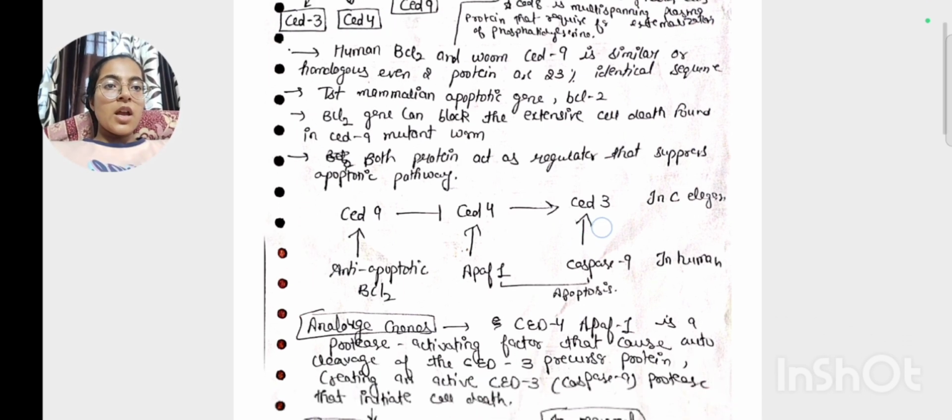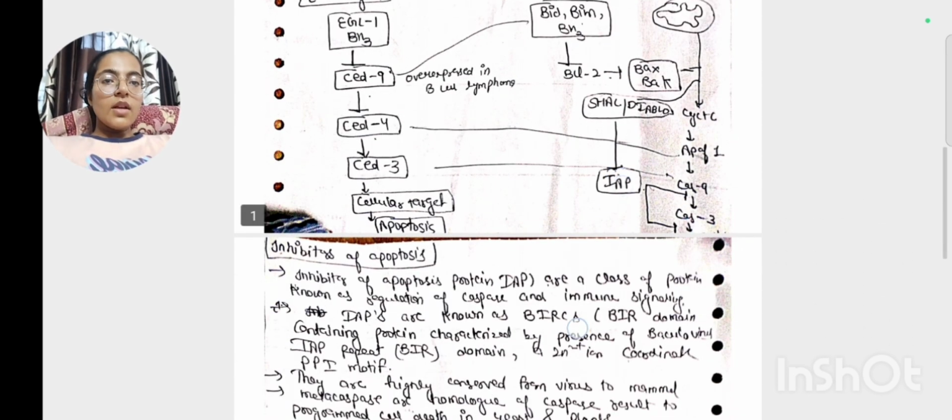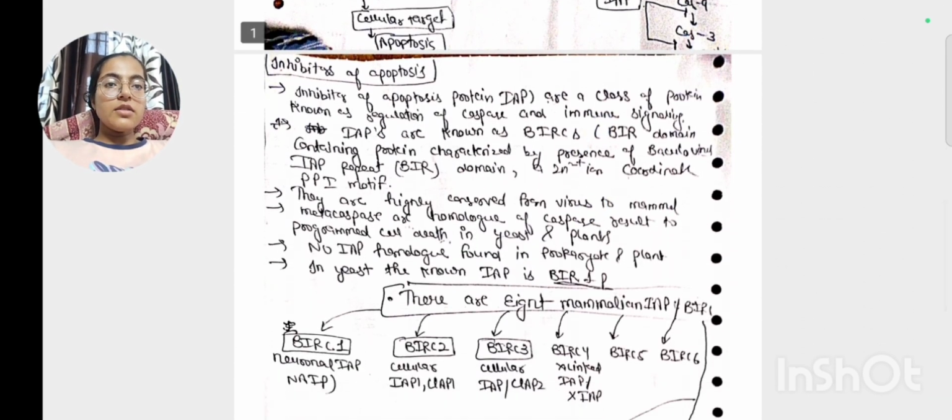After that, I am giving the inhibitors of apoptosis. There are some inhibitors of apoptosis, which we call IAPs. They are a class of proteins known as the regulators of the caspases and immune signaling, right? They are also known as the BIRC, baculovirus IAP repeat containing proteins, characterized by the presence of baculovirus IAP repeats.